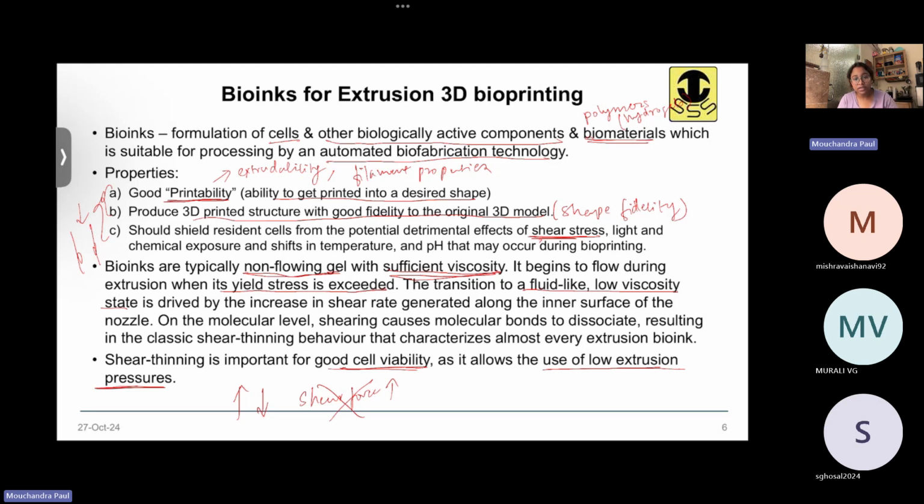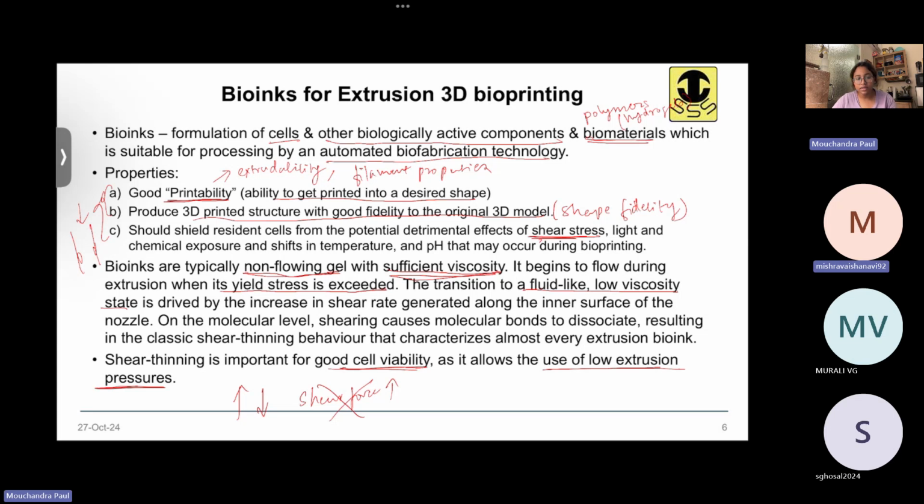As soon as you apply this extrusion pressure, the overall viscosity decreases. Cells are very happy in a less viscous environment, so they easily get extruded out. But as soon as you remove this shear force, meaning on the platform there is no shear force, the viscosity increases again, and the cells are now very well placed in the 3D space in a highly viscous environment.